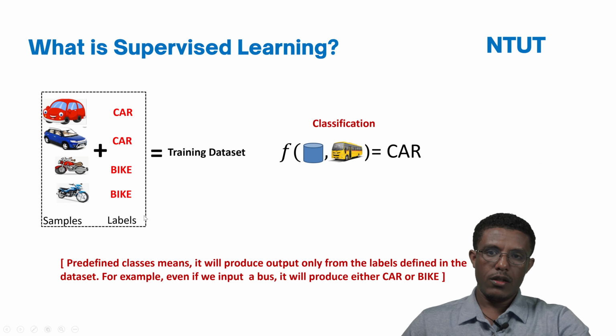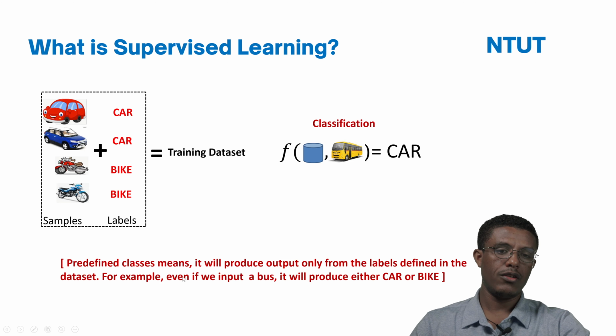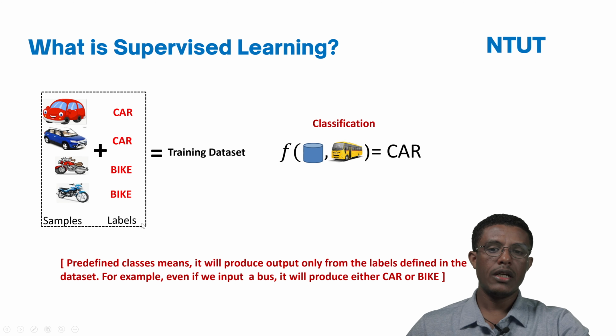In supervised learning, predefined class means it will produce outputs only from the labels defined in the data set. For example, in this case, we have the data feature here and the label here. So the output is either car or bike, because we already defined the labels.